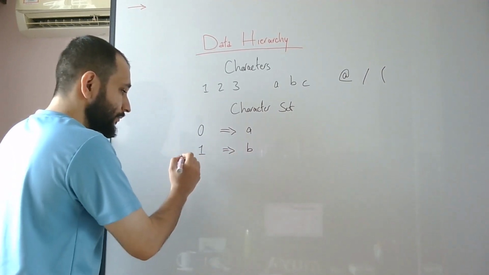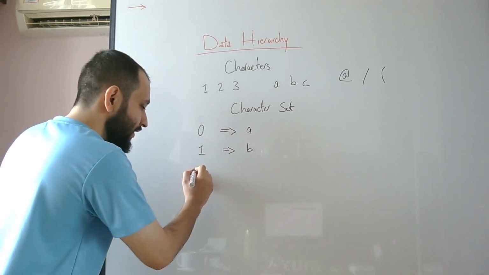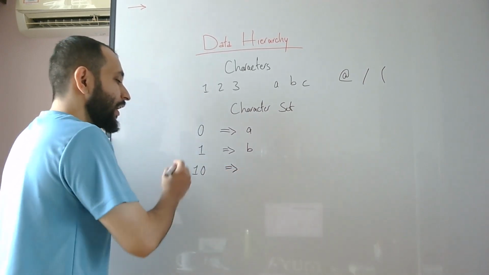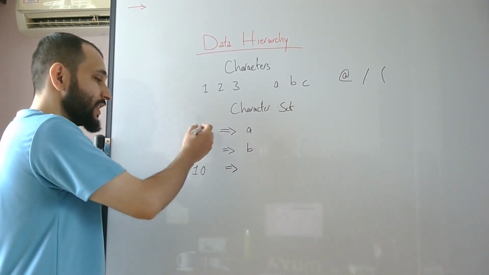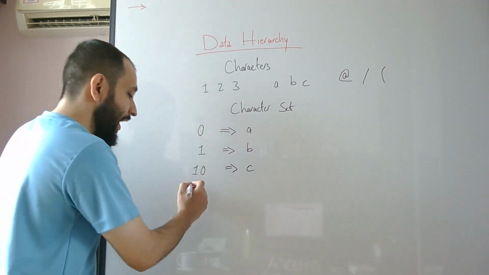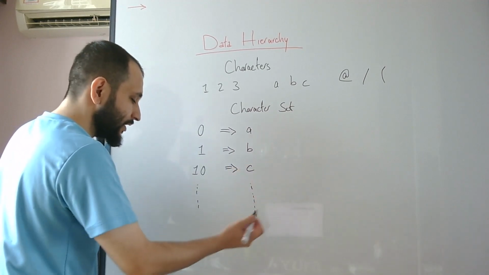And then we would make this 0 and 1 more complex, and then we would have 1, 0. The next sequence of numbers that we have inside of a computer. Then we say that this might mean C. And as such, we can represent many different types of characters.